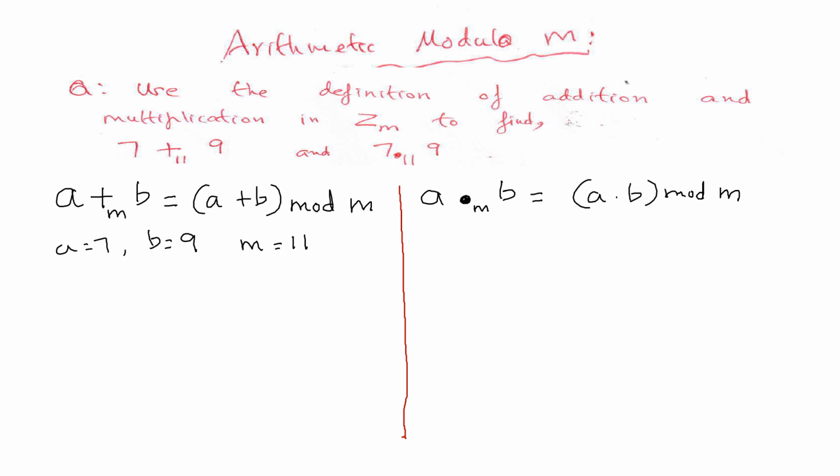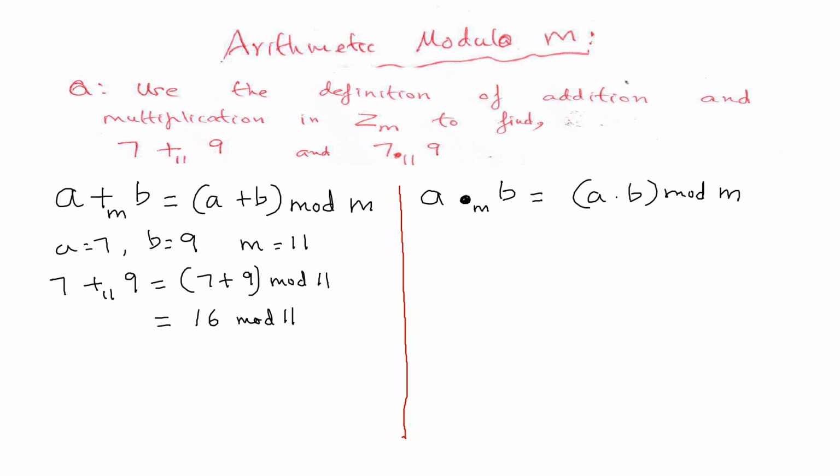Write 7 +_11 9 is equal to (7 + 9) mod 11. 7 plus 9 is 16, so 16 mod 11.